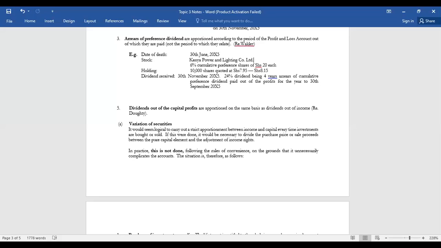Then we have the dividend received on 30th November, a 24% dividend, being 4 years arrears of cumulative preference dividend paid out of the profit for the year to 30th September. So what is the 24% dividend paid out for the period?